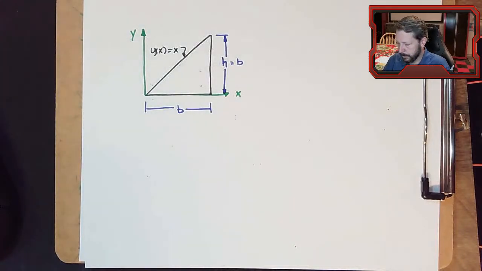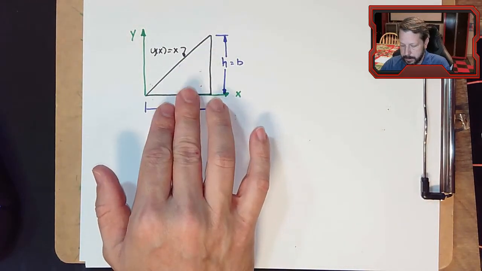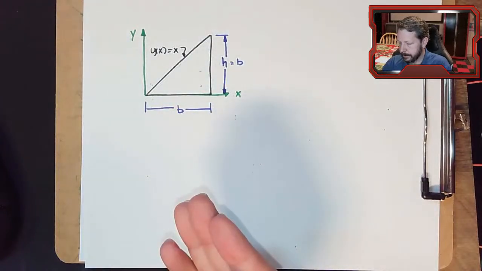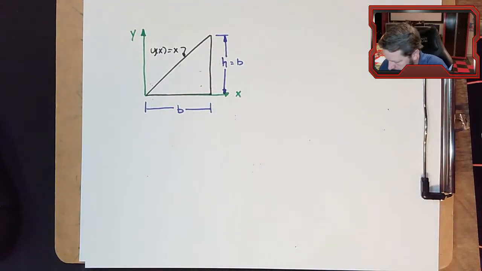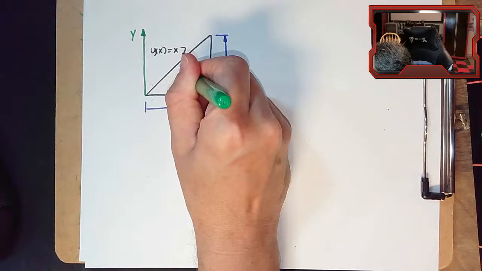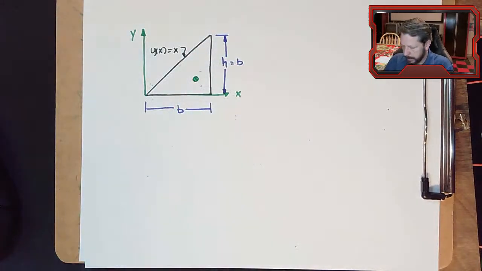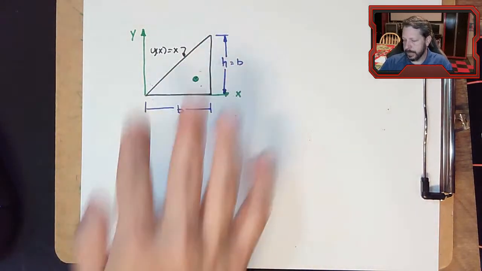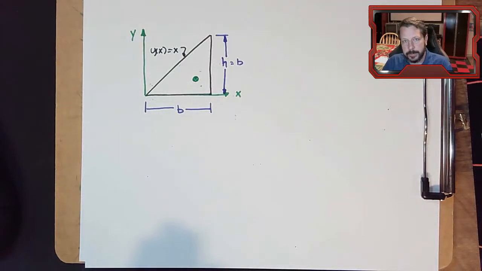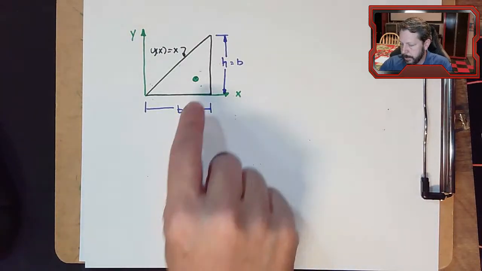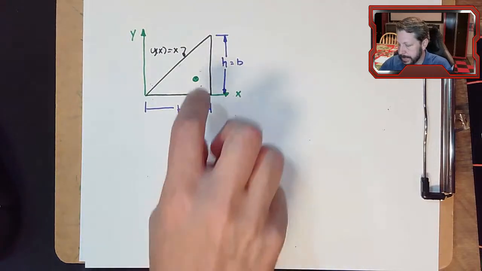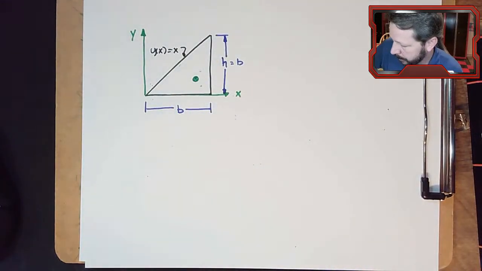What we're looking for is the centroid of this shape. So by looking at it, we can pretty much just guess that it's somewhere over here. Like if we were to cut a triangle out of a flat sheet of paper and try to balance it, it would balance somewhere over there. And we want to know exactly where over there it would balance.